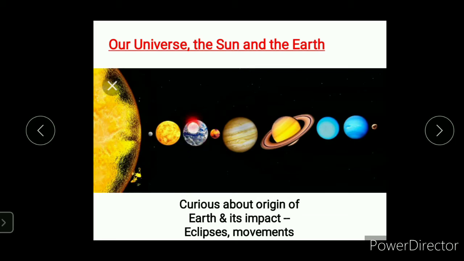This is our Earth, right? And here we'll see how the universe started, right? As I said, people are curious about the Earth. They want to know how it affects us, what the impact of it is, right?